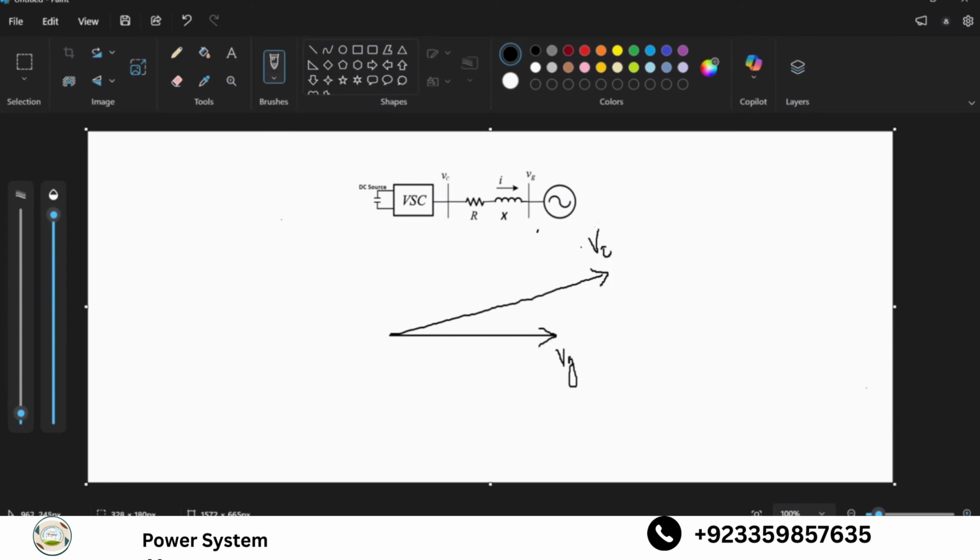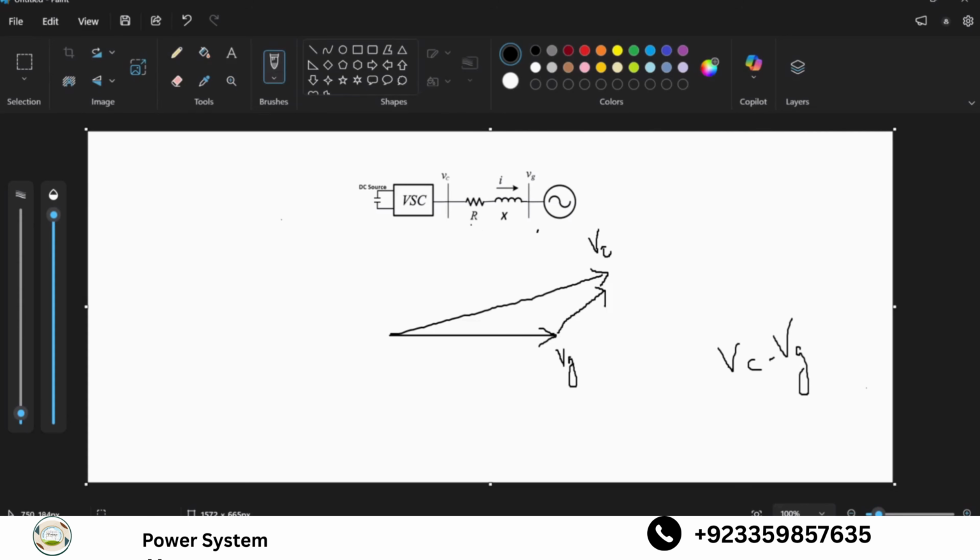Let's assume VC is a little bit higher in magnitude than VG, because in the previous case the diagram gets cluttered, so it's not very visible. Now the voltage across this branch is VC minus VG, and on the phasor diagram it looks something like this. This is VC minus VG. Now let's assume that R is very small. It's usually very small.